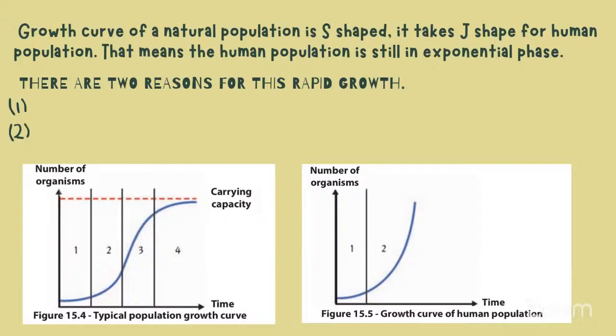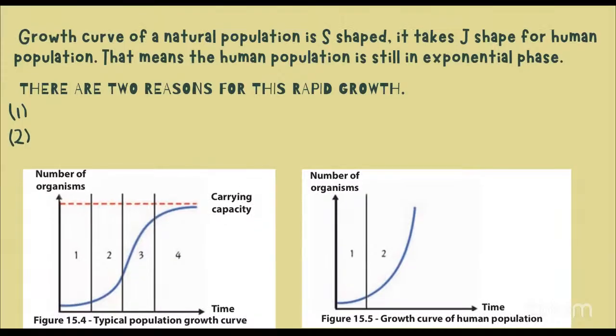Let's see. Enough resources? No, that's not the answer. Initially I mentioned births, deaths, immigration, right? So you have to give the reasons from those. There are two reasons. Come on.